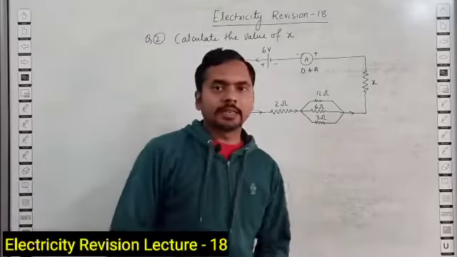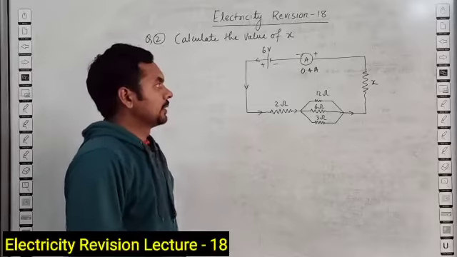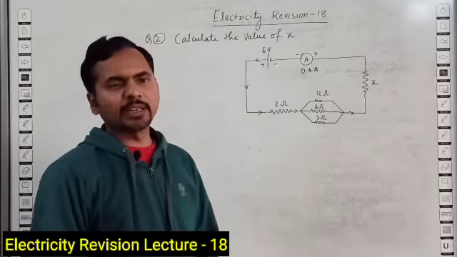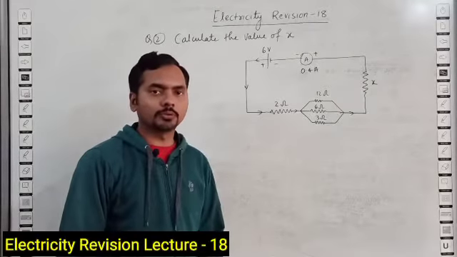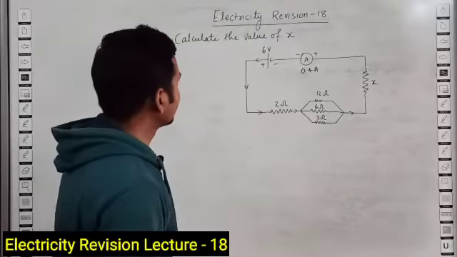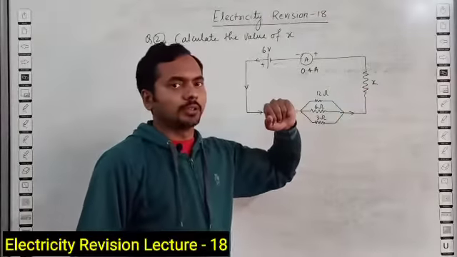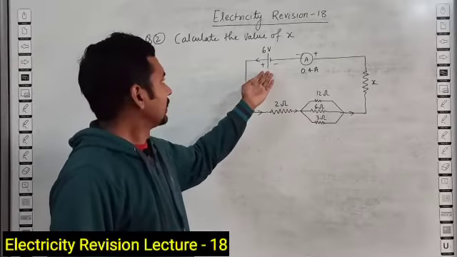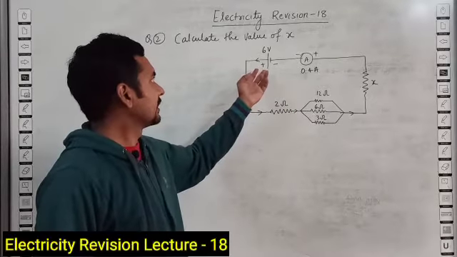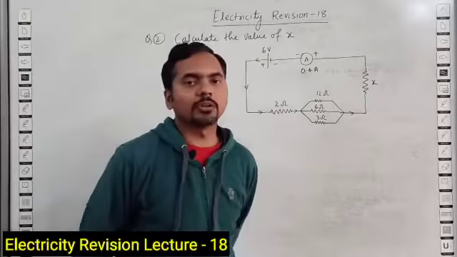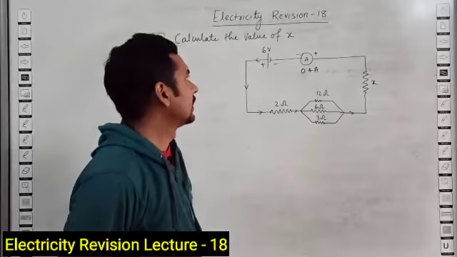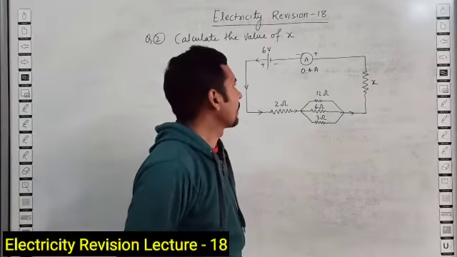Children, we have the second question based on the series and parallel combination including Ohm's law concept. In this question we have to find the value of X. We have one battery, one cell, having a potential difference, or you can say EMF, of 6 volt, and one ammeter is there.